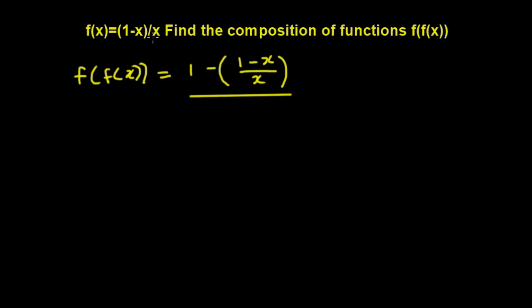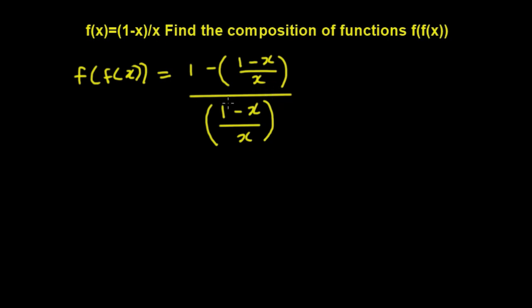Now again, we've got to replace x with 1 minus x divided by x. So that's going to be 1 minus x divided by a value of x. So be clear what we're doing here. You can see here that we've got the 1 here which stays the same. The x now gets replaced with the original value here, which is 1 minus x upon x. And the x in the bottom line also gets replaced with 1 minus x upon x. So I'll put a little bracket around that so you can see it. So we've put this one in and this one in for the x and also the x here.